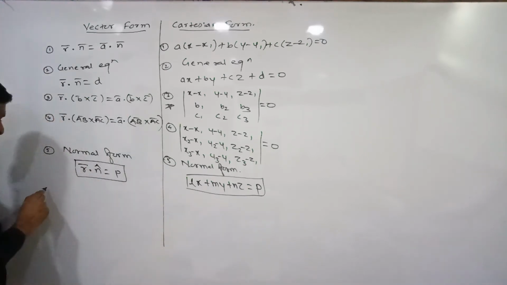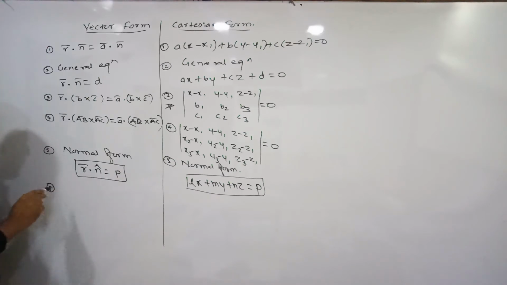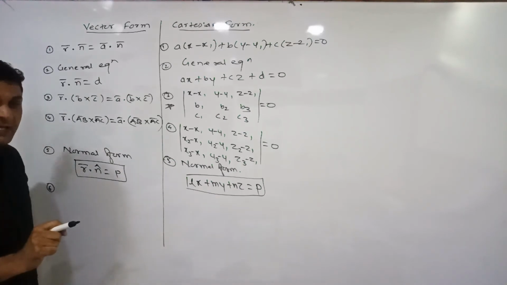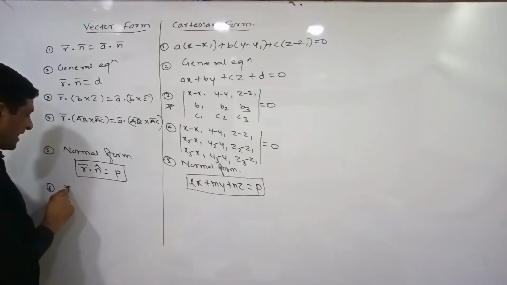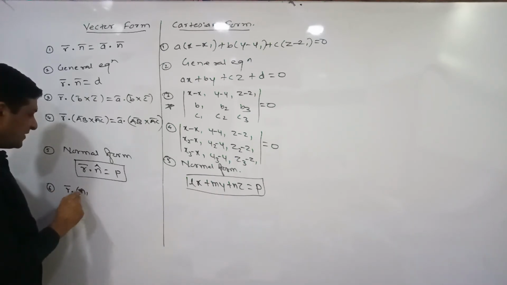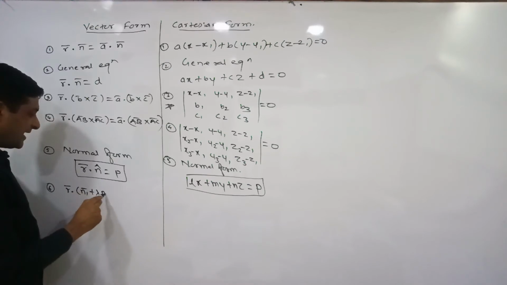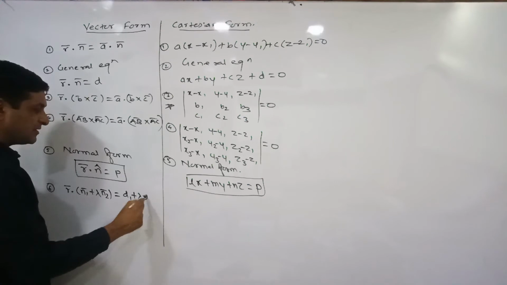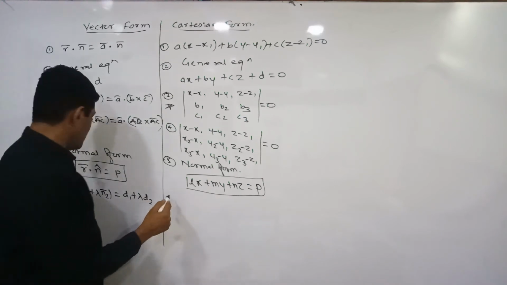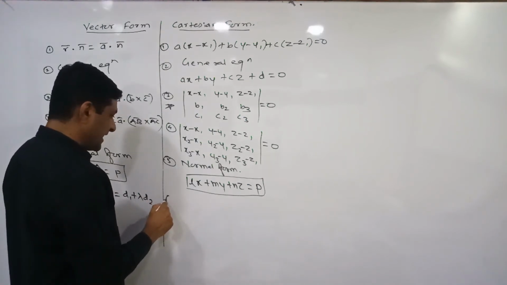And lastly, we have just proved a formula to find the equation of a plane passing through the intersection of two planes. What is that formula? R bar dot n1 bar plus lambda n2 bar is equal to d1 plus lambda d2. And we have converted the same equation into Cartesian form.